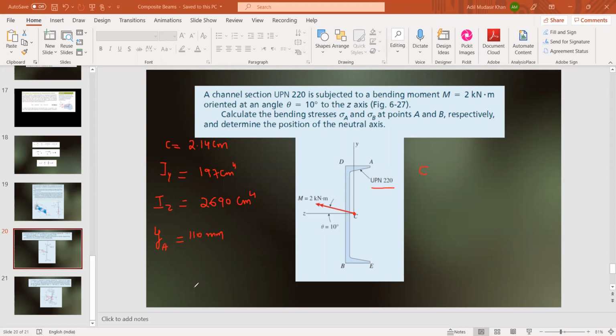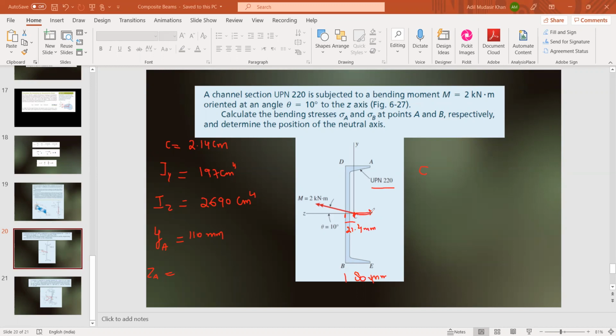As far as ZA is concerned, the distance BE or DA for this section is 80 mm, and from here to the centroid C the distance is 2.14 centimeter, that is 21.4 mm.